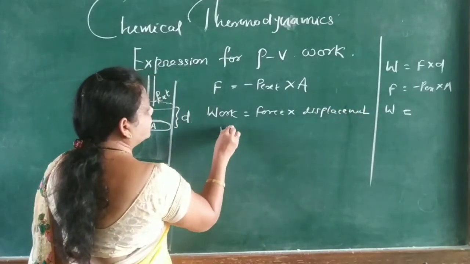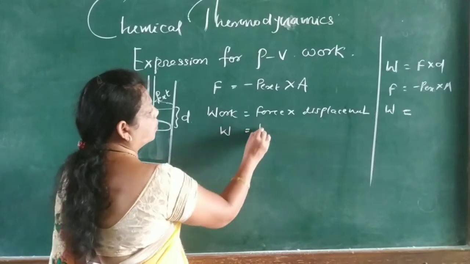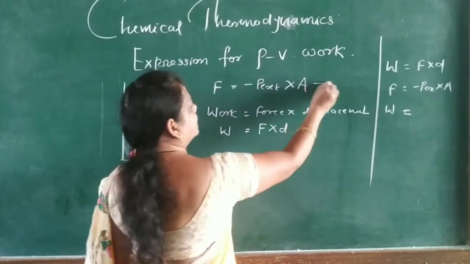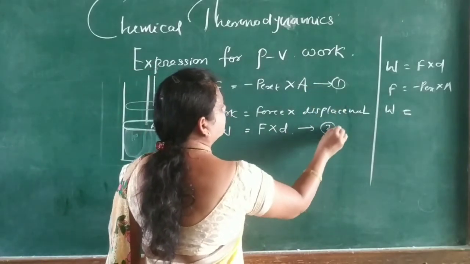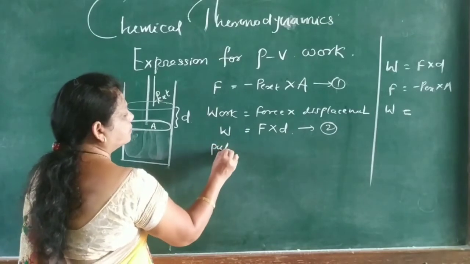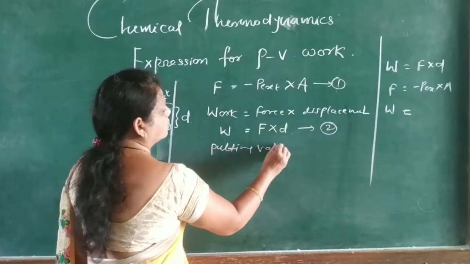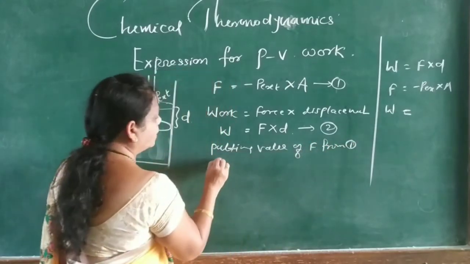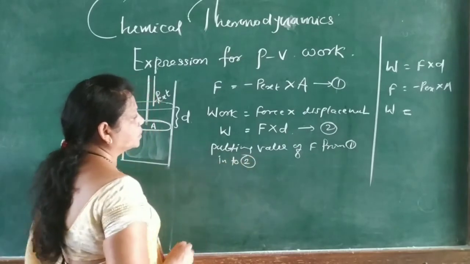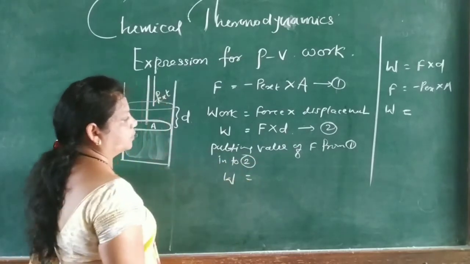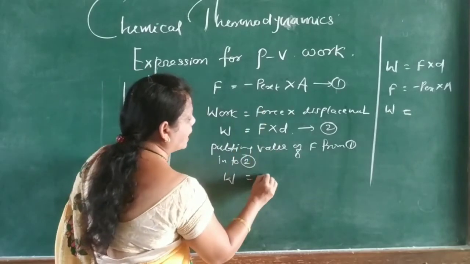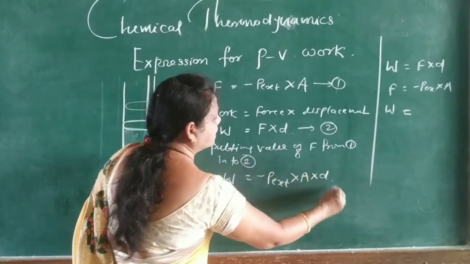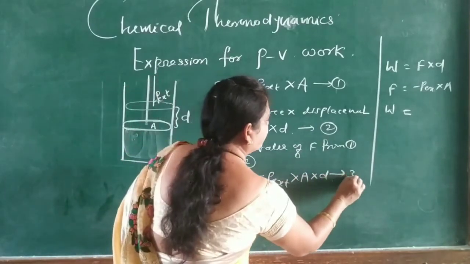So work, denoted by W, is equal to force, denoted by F, into displacement D. If this is equation 1 and this is equation 2, putting the value of F from equation 1 into 2, we get W is equal to minus P external into A into displacement D. This is equation number 3.